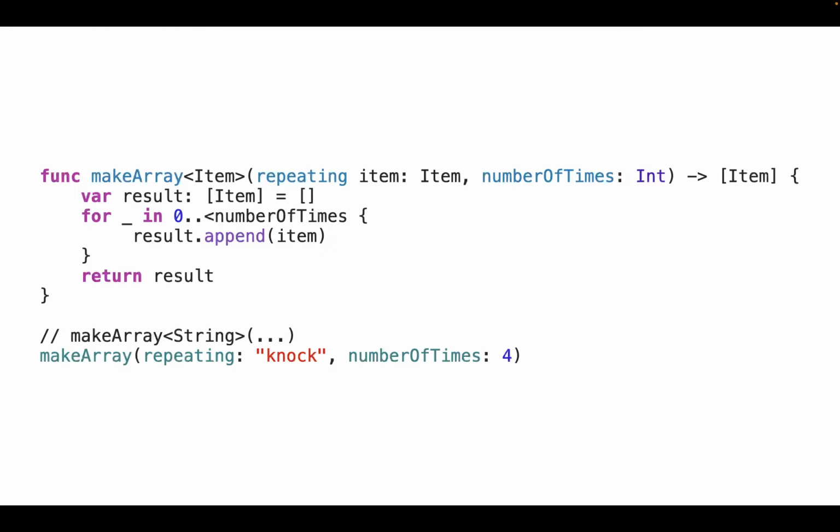And when you use it, thanks to type inference, you don't need to specify what the item is on the call side, because Swift can infer the types based on your arguments. Usually in other languages, you might also need to write angle brackets right there, but because Swift can infer the type, you don't have to do that.